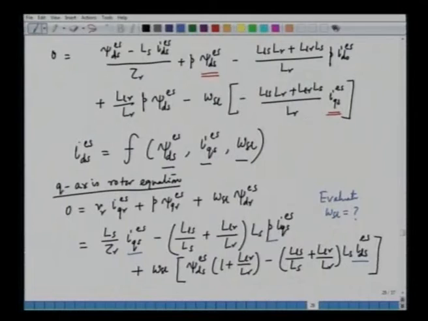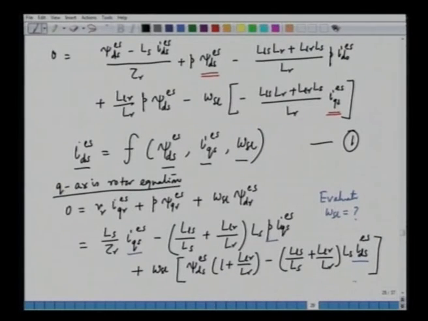We are discussing stator flux oriented vector control, and we have seen that there is inherent coupling between the torque component of current and the stator flux. So we have to cancel the coupling by having a decoupling network. We have two equations here. This is the first equation, equation number 1, in which we can obtain IDS in terms of psi ds, IQS and the slip speed, omega SL.